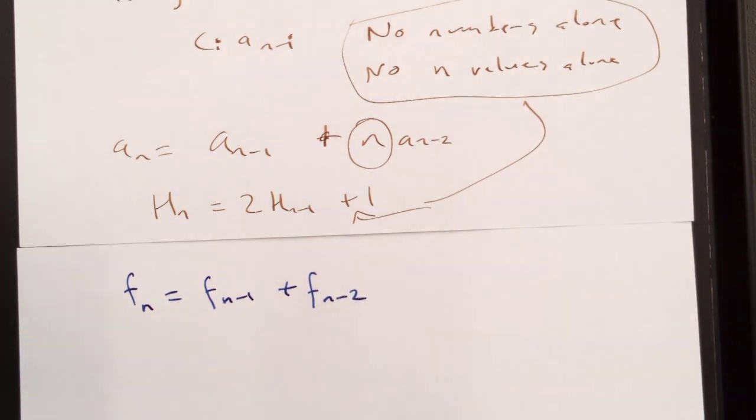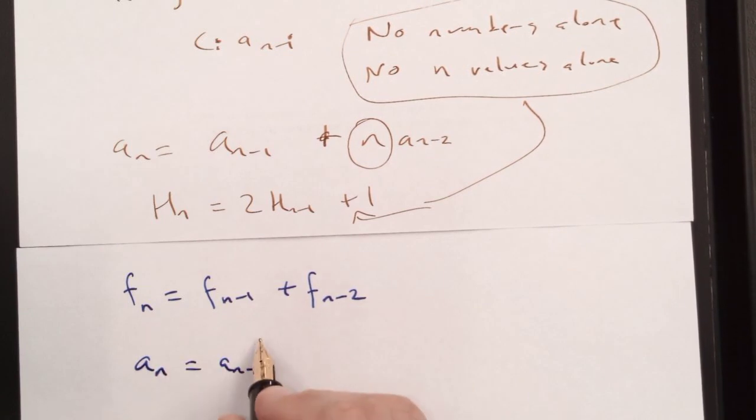All of the coefficients are 1, but that's fine. This relationship, well, you might say, hey, wait a minute, that's got a constant coefficient, right? But it's not linear.